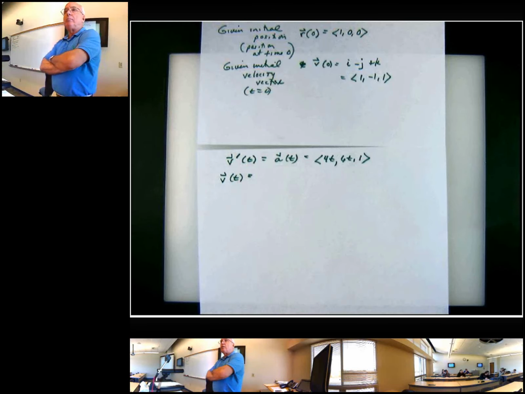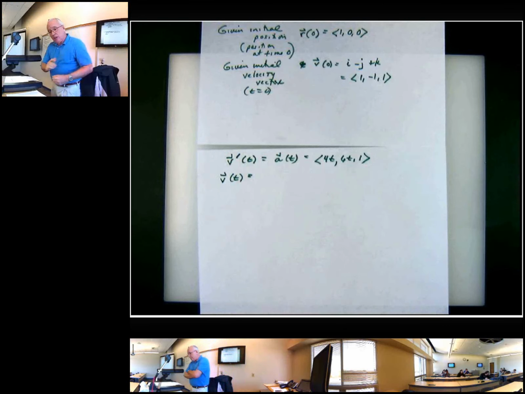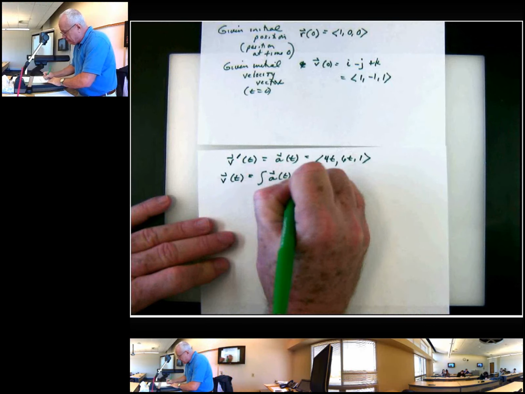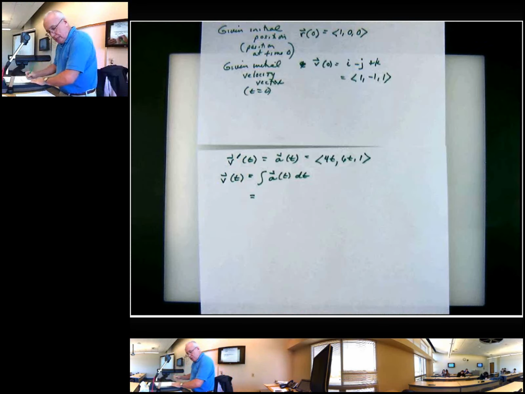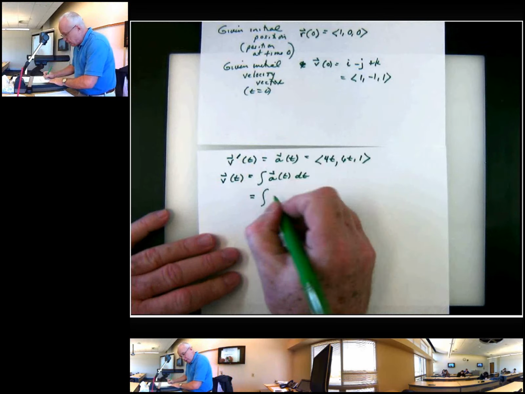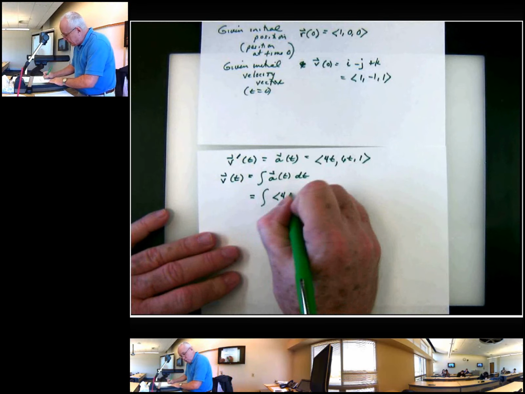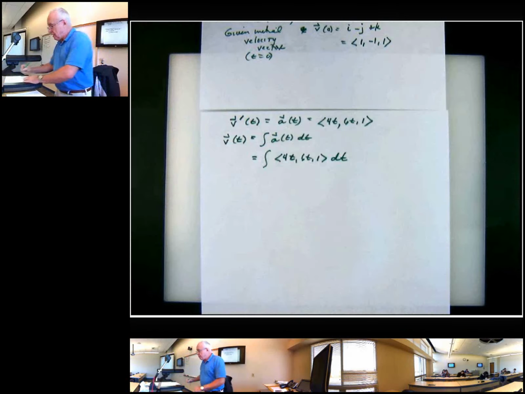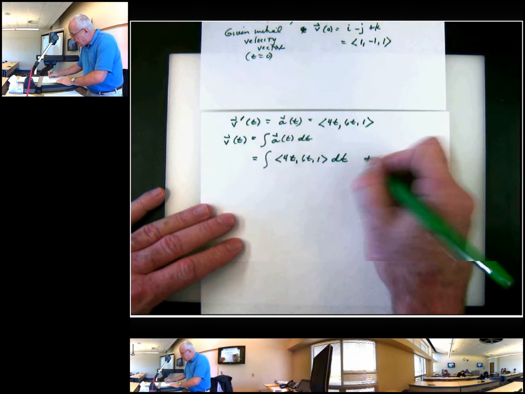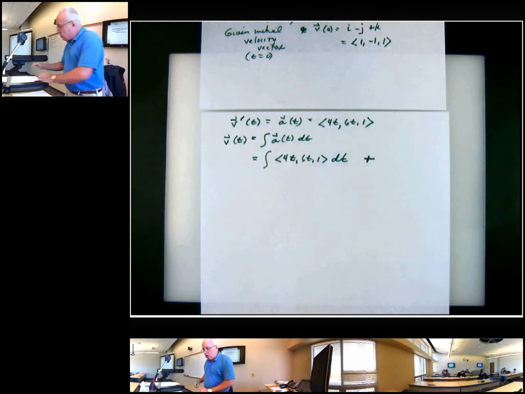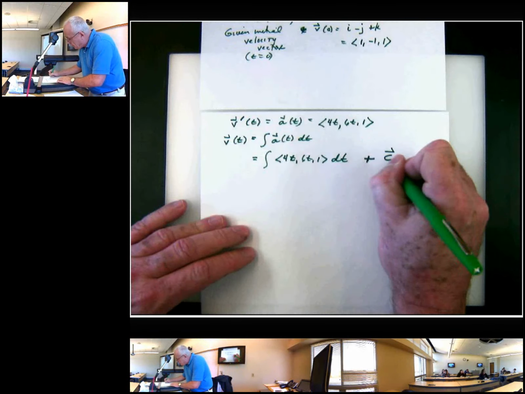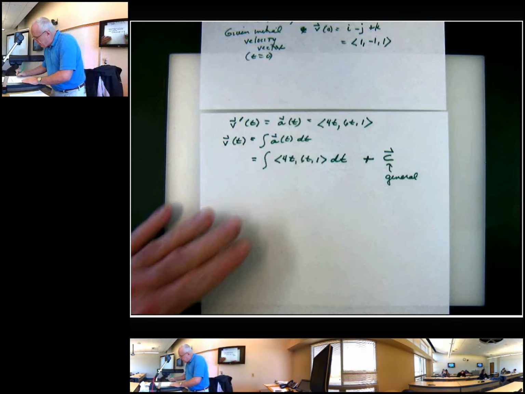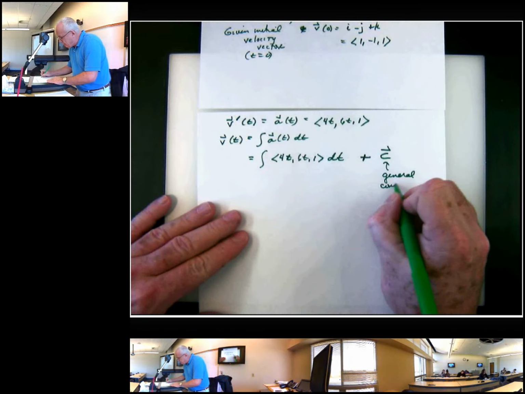I think I heard a mumbling of antiderivative. Okay, so the velocity vector is going to be the antiderivative of our acceleration vector, and so all we do is take the antiderivative of the component parts, so that we've got the integral of <4t, 6t, 1> dt, and now remember, this is an indefinite integral, so we are going to have a general constant vector, just like we do when we take antiderivatives of single variables. So this is a general constant vector.